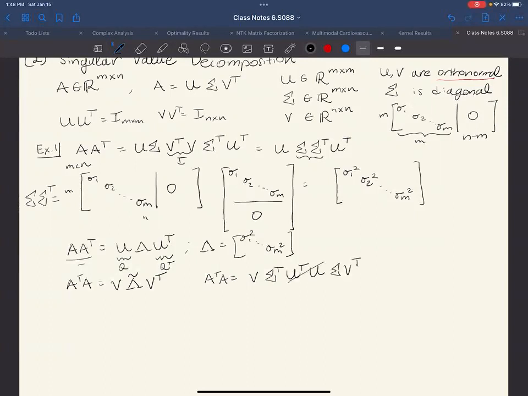Again, we do the same trick. U's are orthogonal, so this cancels out. And now sigma transpose is just this matrix sigma 1, sigma 2, up to sigma M, and then a bunch of zeros. And then here sigma is now my usual matrix of sigma 1, sigma 2, sigma M, and a bunch of zeros. So now this is an N by M matrix here.